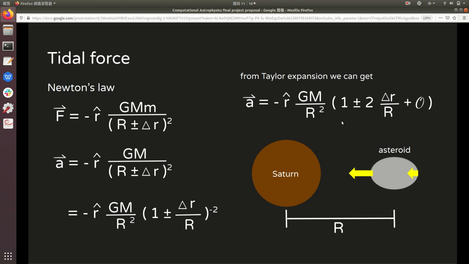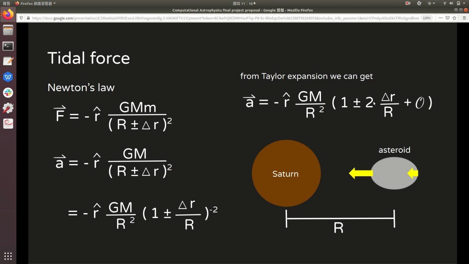Okay, so from Newton's law, we can get the acceleration of the asteroid. And if we rewrite this term with Taylor expansion, we can get this form. And from here, we can see that the first term of this equation is just the central acceleration of the asteroid.